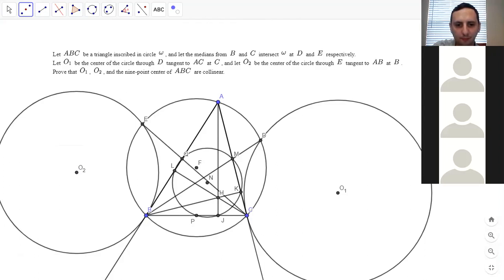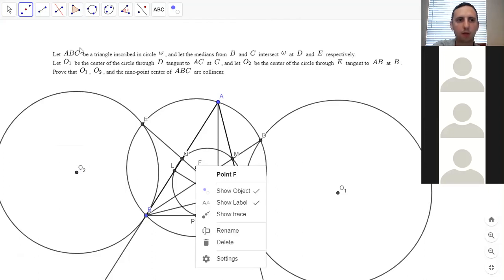Yes. So we're going to prove O2, O1, O and H is a parallelogram, right? Could you change the name of F? It should be O. It will be easier to look.